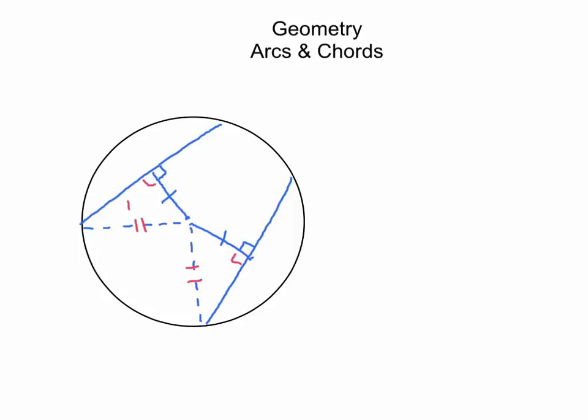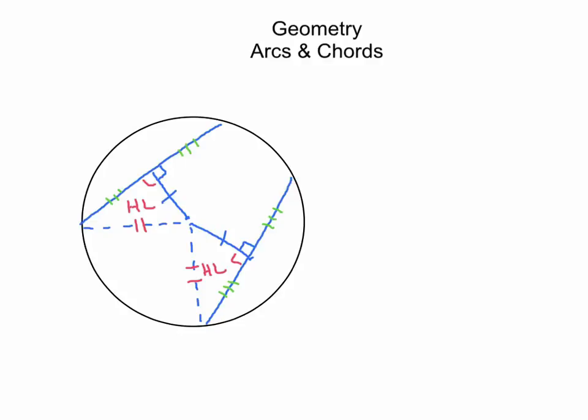So therefore, by HL, these two triangles are congruent, which means, by extension, CPCTC, that this segment is congruent to that segment. So therefore, we know that this piece is congruent to that piece, and we also know that the other half of each chord is the same length as its corresponding first half. So therefore, the entire chord here is congruent to the entire chord there.